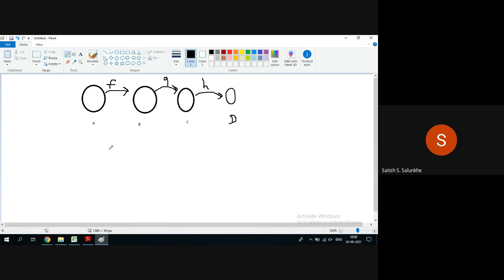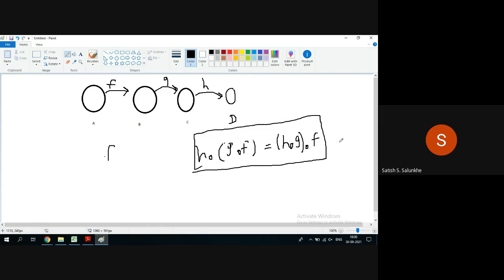That means what exactly we need to check now is H composition (G composition F) first, is this equal to (H composition G) that we do first, and then composition with F. This is what we need to check, whether it is holding the associativity law or not.